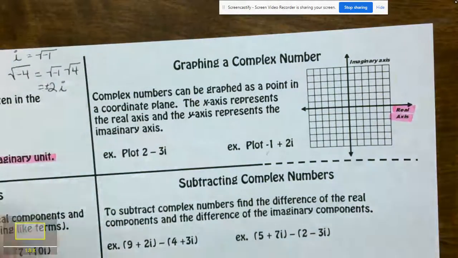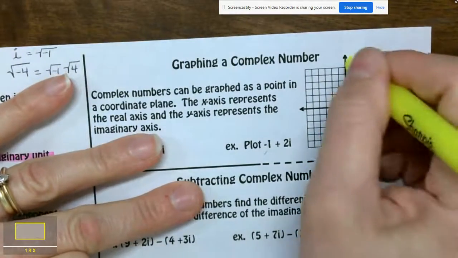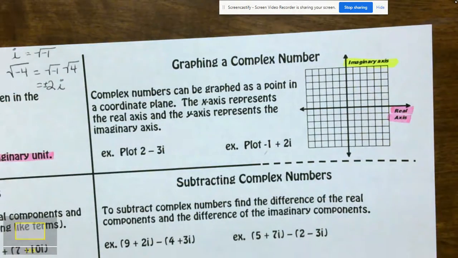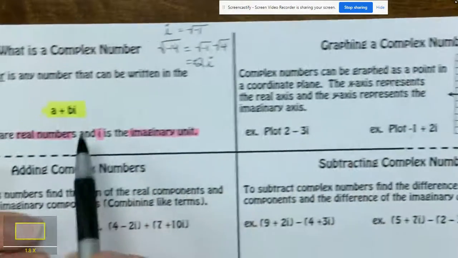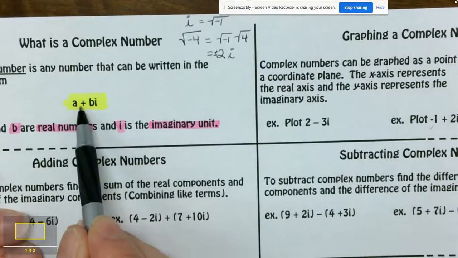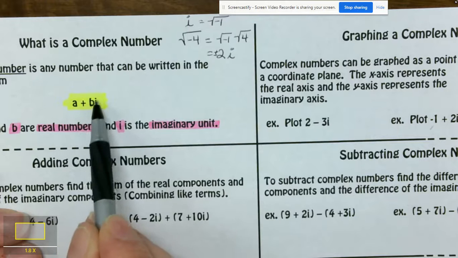And what you're used to being the y-axis is your imaginary axis part, okay? So if I wanted to plot the points, now remember that a is a real number and bi, this b is a real number, but the i attached to it makes this an imaginary unit, okay?